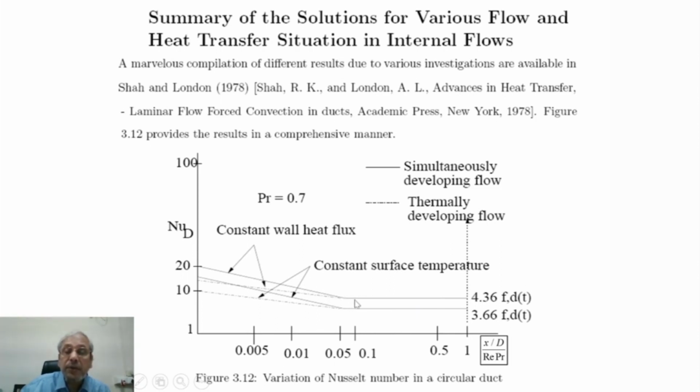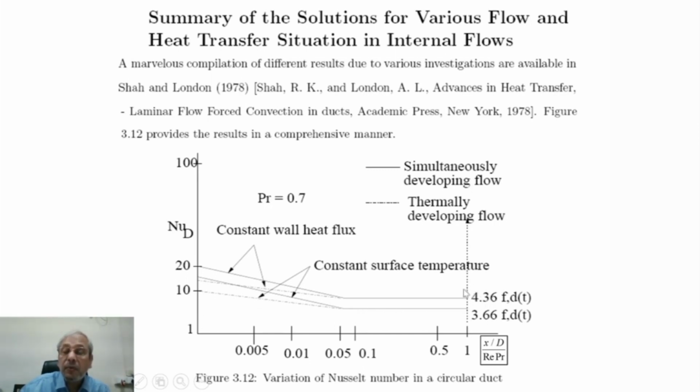That means flow is hydrodynamically developed and thermally developed. And these two, this solid line and this dotted line, are for uniform or constant wall heat flux. Similarly, for constant surface temperature or constant wall temperature, this one is simultaneously developing, that means hydrodynamically and thermally the flow is developing. This is hydrodynamically fully developed and thermally developing. And this is hydrodynamically and thermally fully developed.